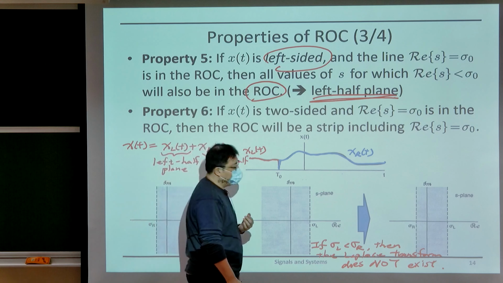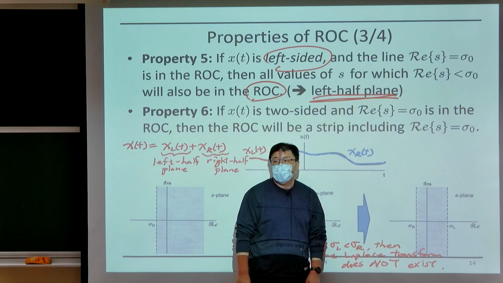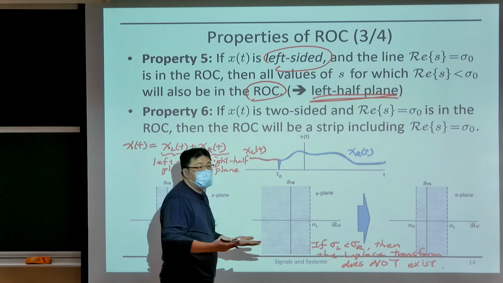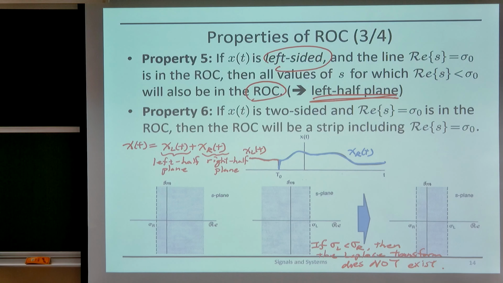But it's possible that if sigma L is less than sigma R, then there may be no region of convergence, meaning that the Laplace transform does not exist in that case, okay?